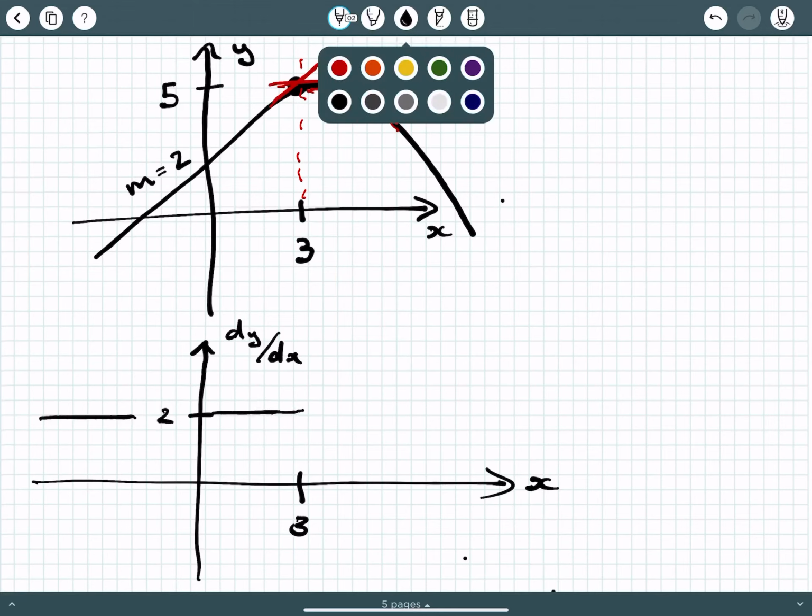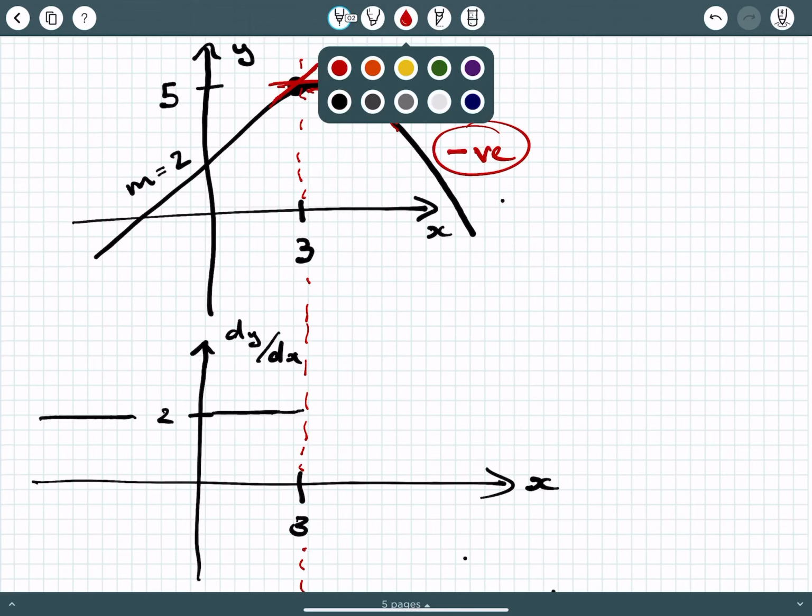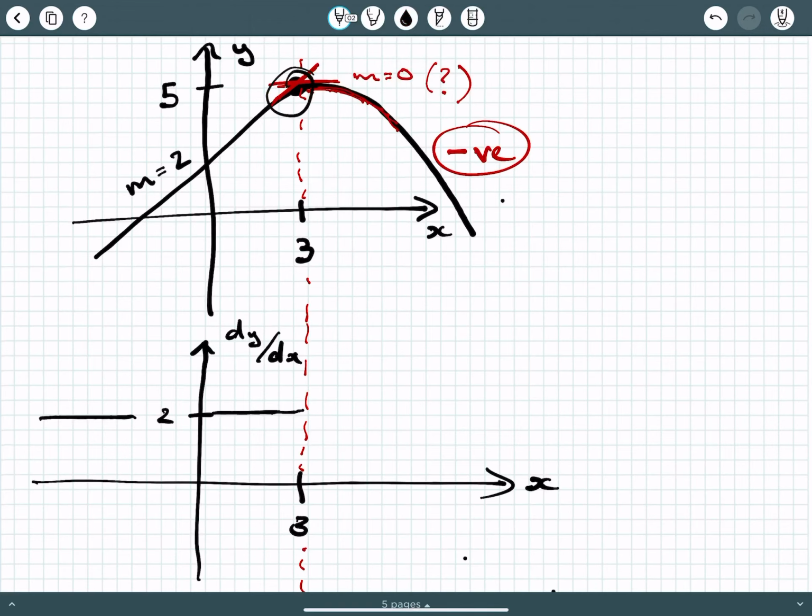And this 3 is very important because we know that there's a change in the way things work. And then this gradient here is always going to be negative. So even if that might be 0 at this point here, I know that it's going to be negative like that.